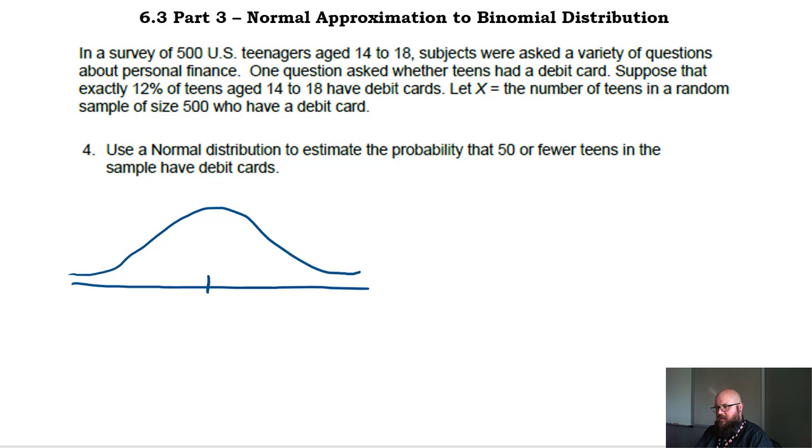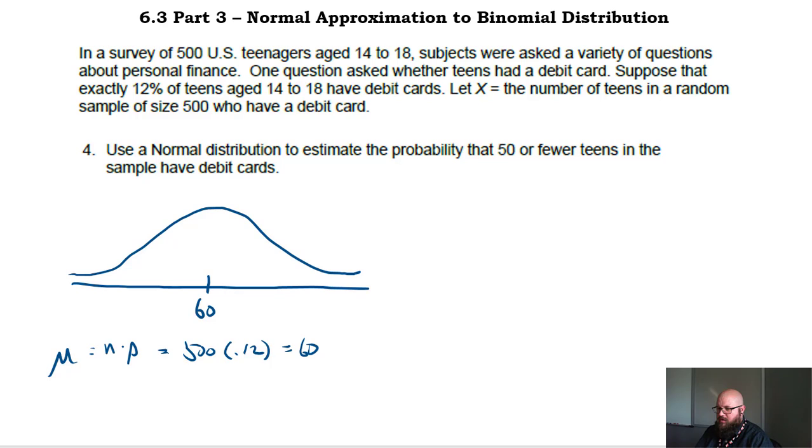So we know the mean we set up here is, well, our mean is going to be our n times our p, right? So like we just did a minute ago, we took 500 times our probability of 0.12, and that gave us 60. So now our mean is at 60, all right? And we're trying to look at 50 or fewer.